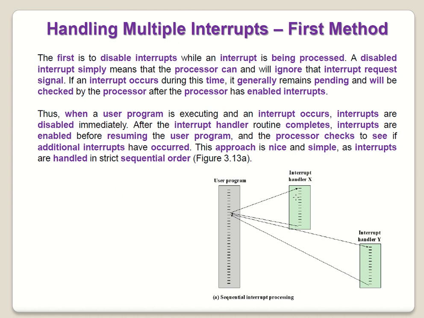Before resuming the user program, the processor checks: are there any pending interrupts? Then it will serve those interrupt handlers and then resume the user program. This is one technique to handle multiple interrupts.